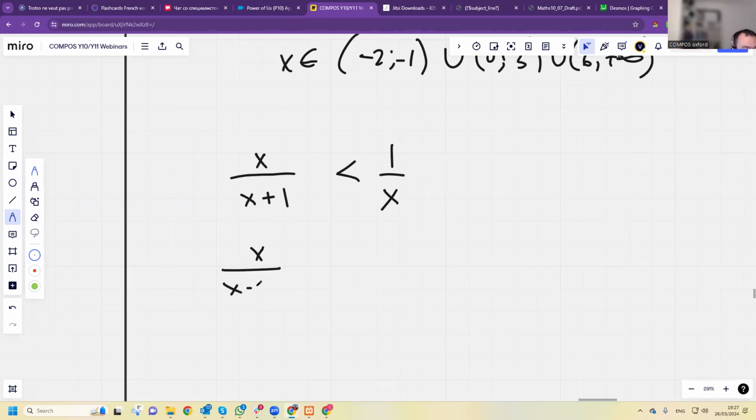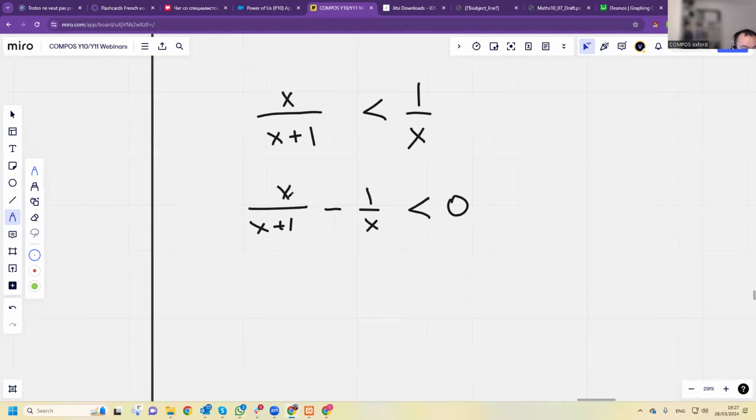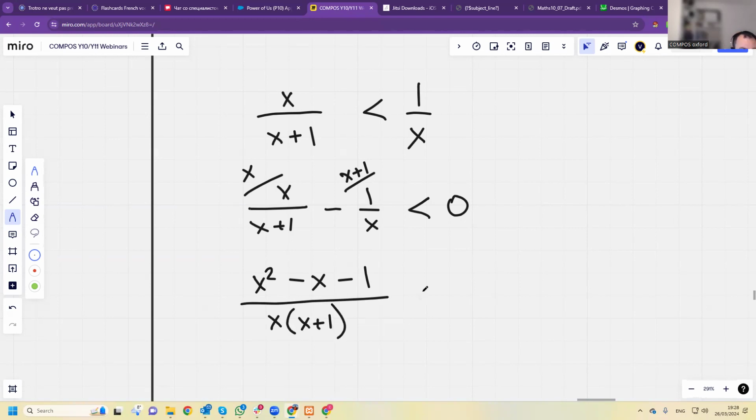So x divided by x plus 1 minus 1 over x less than 0. You find the common denominator, so it's going to be x, and x plus 1. So it's going to be x squared minus x minus 1 divided by x plus 1 less than 0.